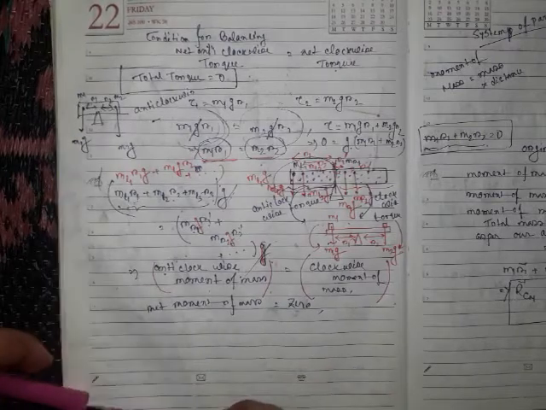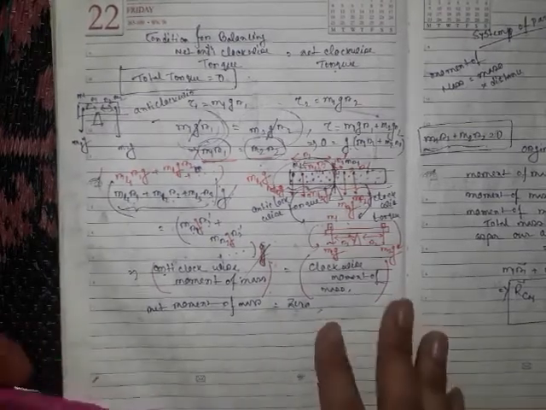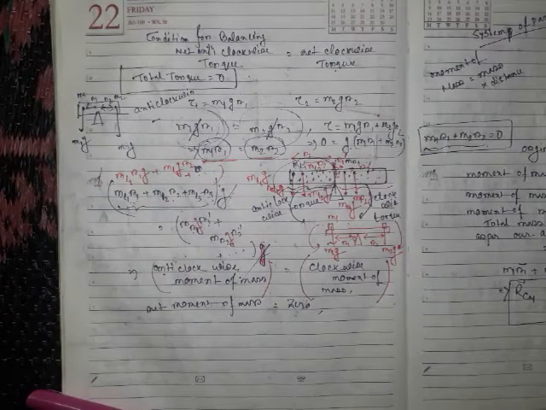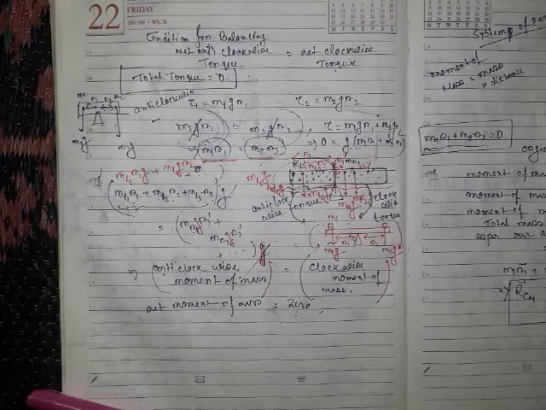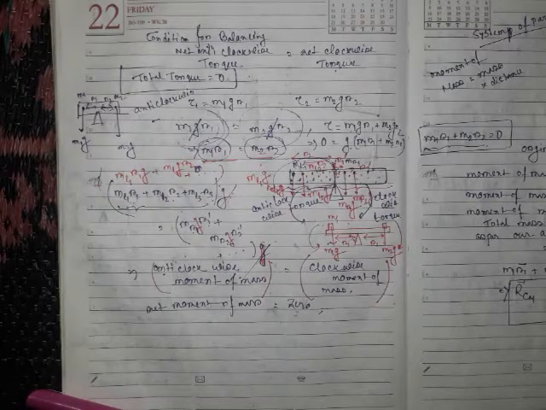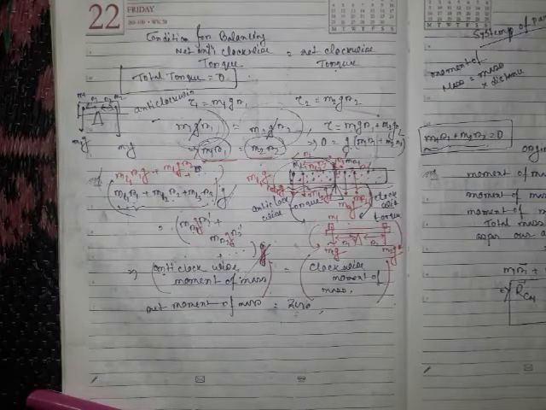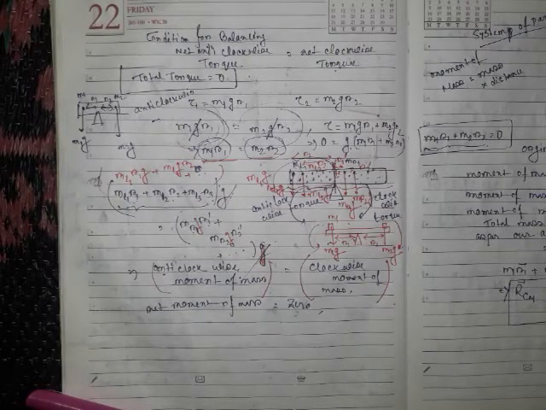If you want to make an object balanced about some particular point, then about that point the moment of mass of that object must be 0. That is the concept of center of mass. Okay, so we got the concept of center of mass.